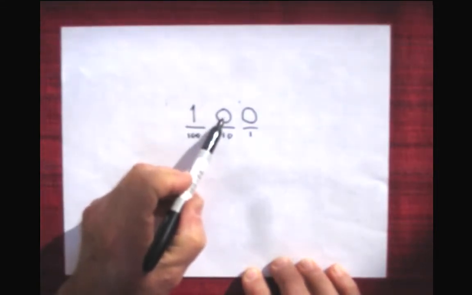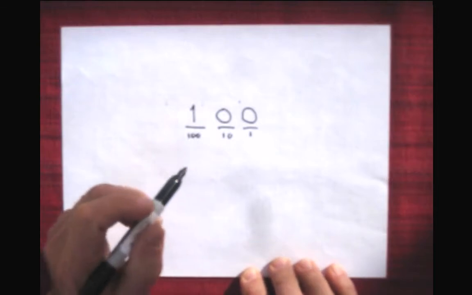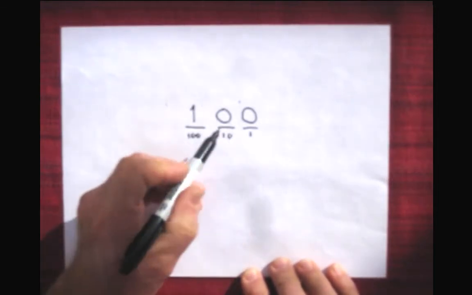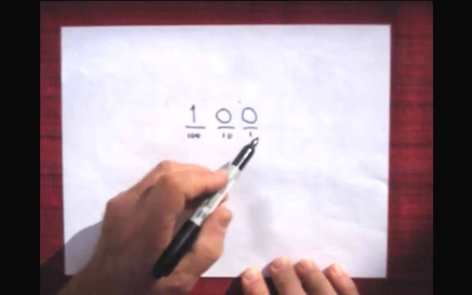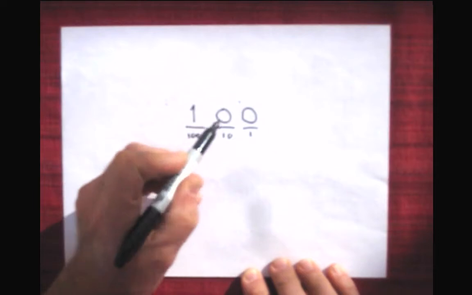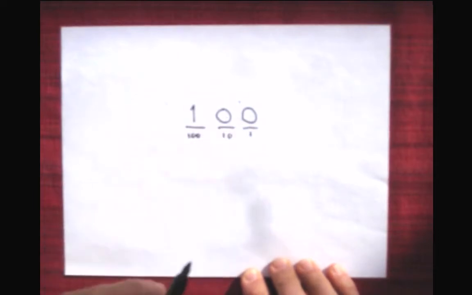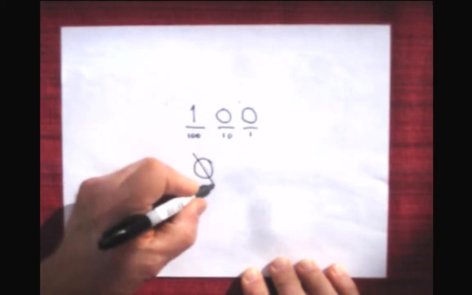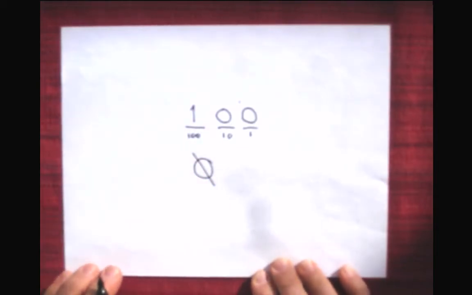And this placeholder, the 0, of all the numbers that Fibonacci learned, the 0 is the most important one, because it's a placeholder that allows you to put a number in a particular place and say that these places are empty. So 0 is the most important number that Fibonacci brought back with him from North Africa.